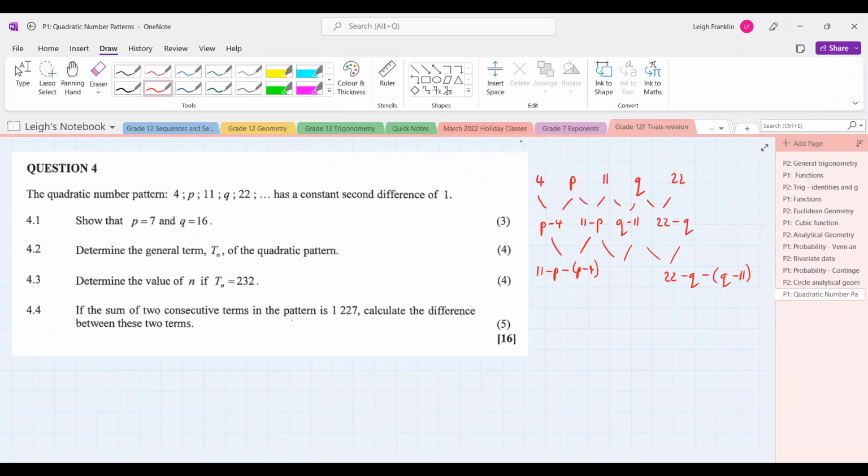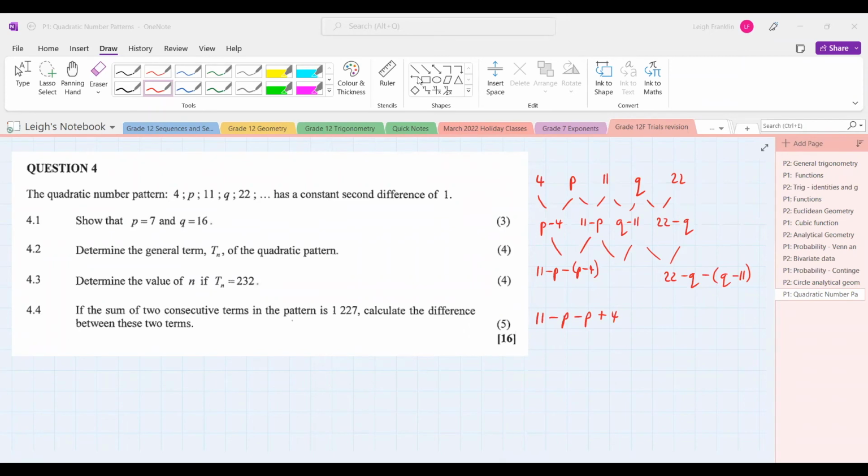And the one in the middle would be a mixture of P and Q. Now that we've done that, what are we going to do next? Yes, I agree with you. So we've got 11 minus P minus another P, plus 4. How are we going to work out what P is equal to?